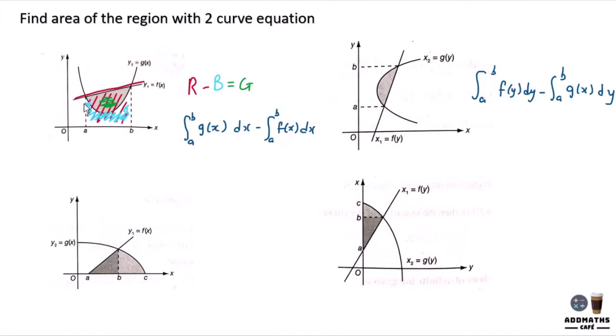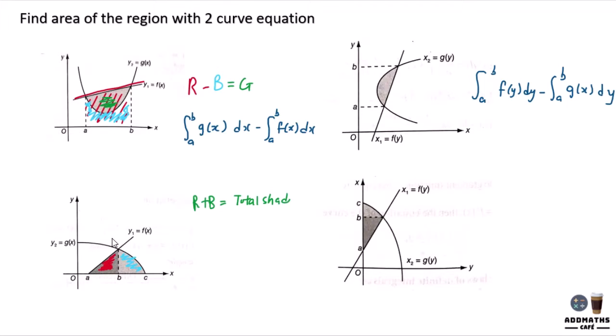For this case, it is different because when you integrate y equal to f(x), you are finding the area under this curve. And if you find the area of g(x) under the curve, you will get this. So to find this area, you are required to add them up. The red color plus the blue color will give you the total shaded.